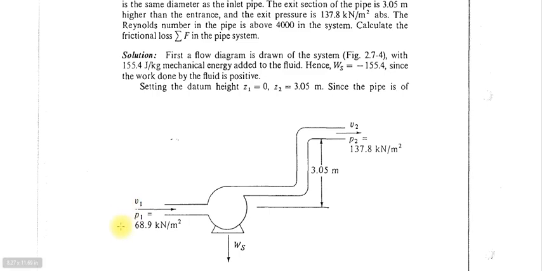Here the diameters of the pipes are the same, which means a1 and a2 are the same. The cross sectional area at the entering point and at the leaving point is the same, so the diameter is the same. Then another point is rho 1, the density.